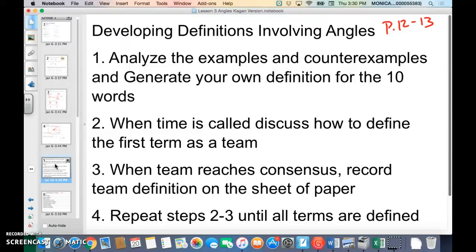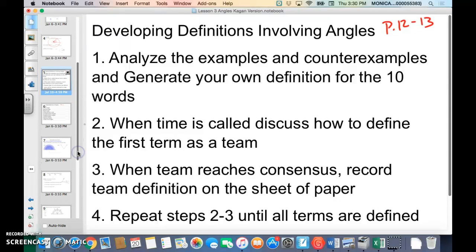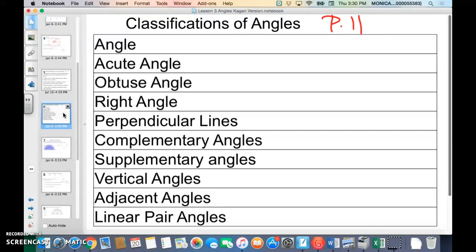If you are totally stuck, a great source would be to go on Google and use Google as a resource. So page 11 must be completed with good definitions for all of these words.